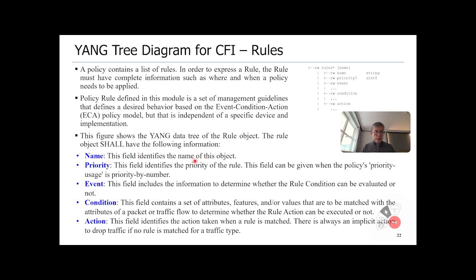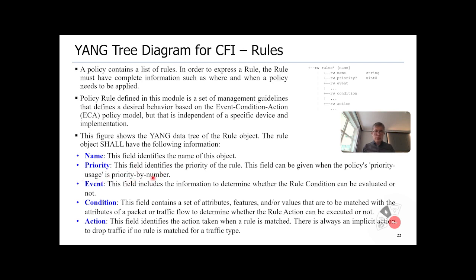Name is the rule name, and priority is used to execute the rules in the order specified by the priority. This field can be given when the policy's priority usage is priority by number. This is the priority number, right?